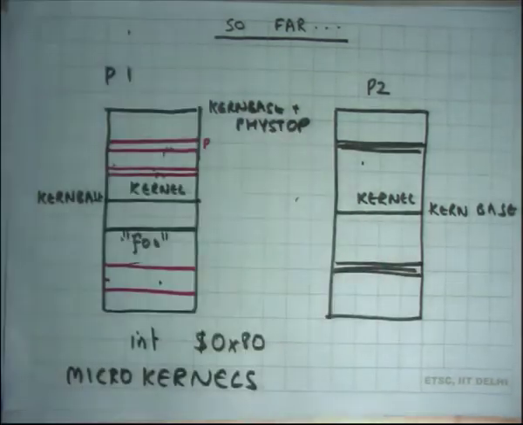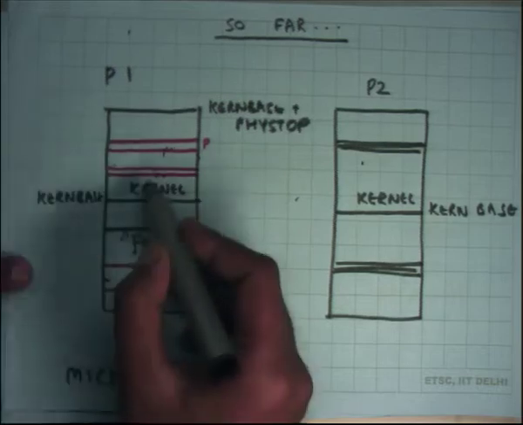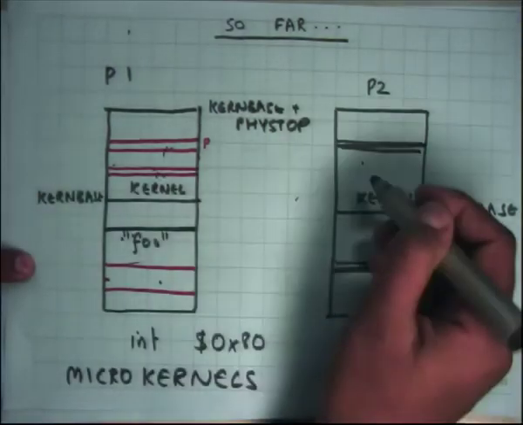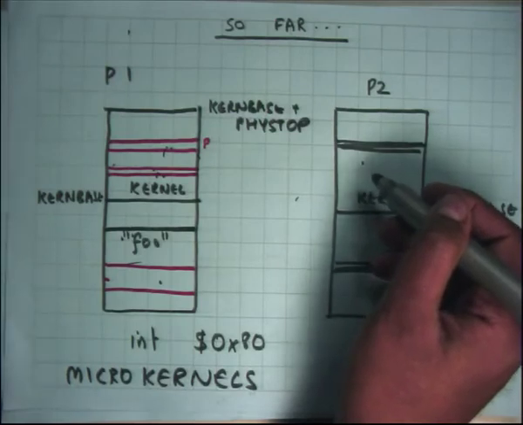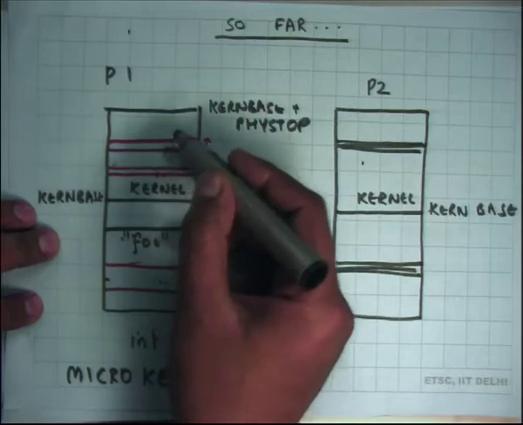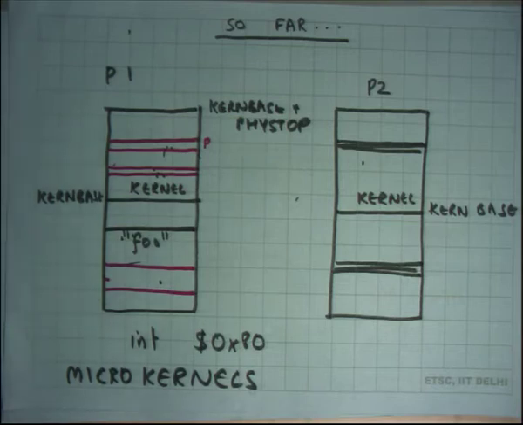So even if you switch to P2, the free list remains just where it was. All the data structures to do this bookkeeping are living in the kernel space, and because kernel space is shared between all the processes, information is not lost. The kernel's information remains.